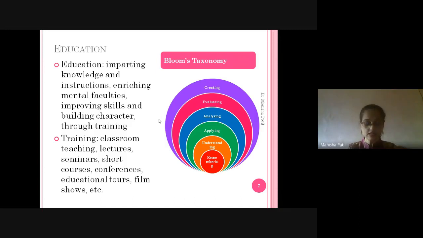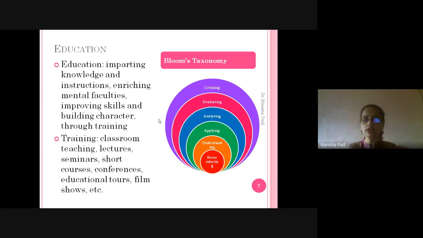Then the second circle, that is understanding. I have to understand the meaning of each one. What do I mean by clear or concise or courteous? Then I have to apply it. I have to use it. Then I have to analyze it. If it is not clear, what will happen?